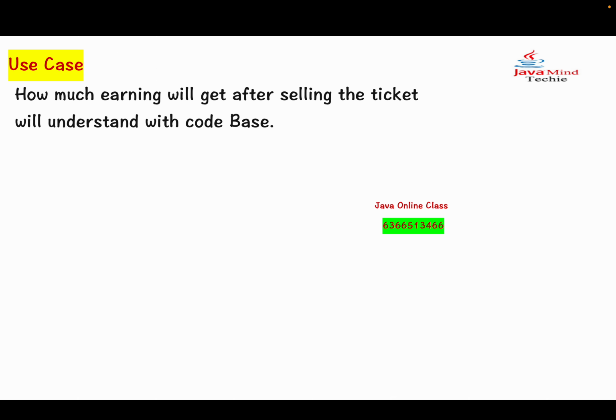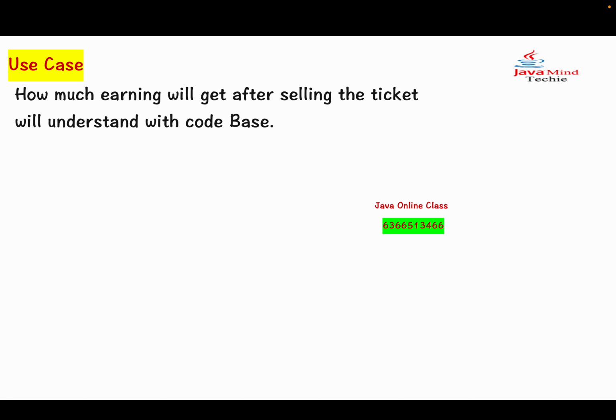So you see, now I will explain a use case. With that, you will come to know what inter-thread communication is programmatically, in a scenario-based way. So how much earning will we get after selling the tickets? We will understand this scenario with our code base.